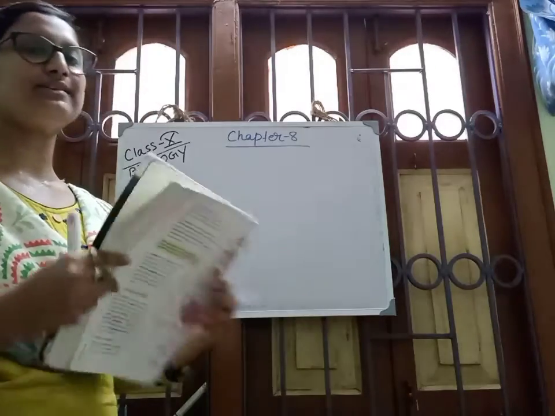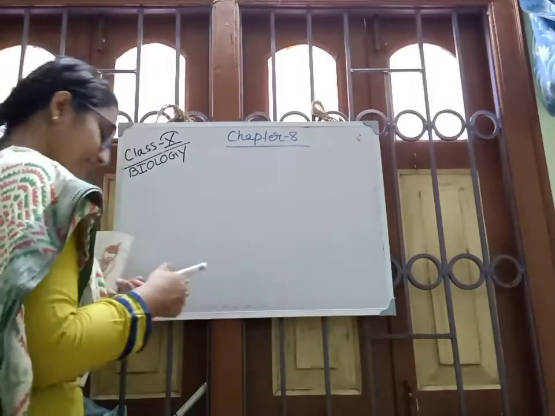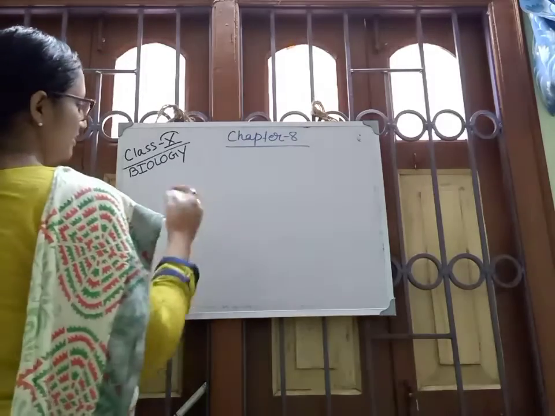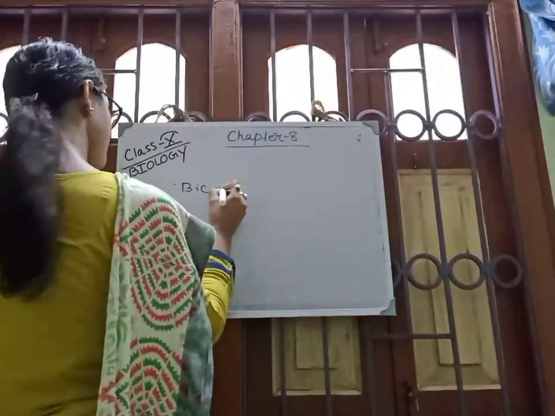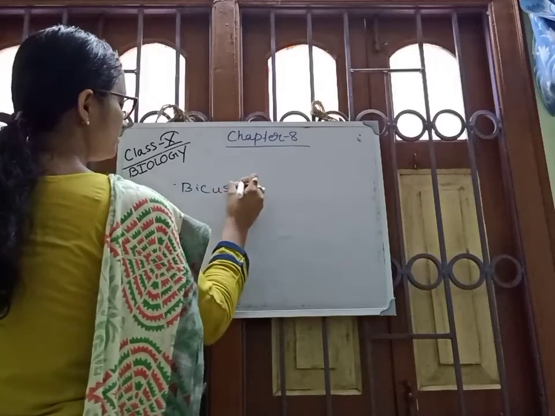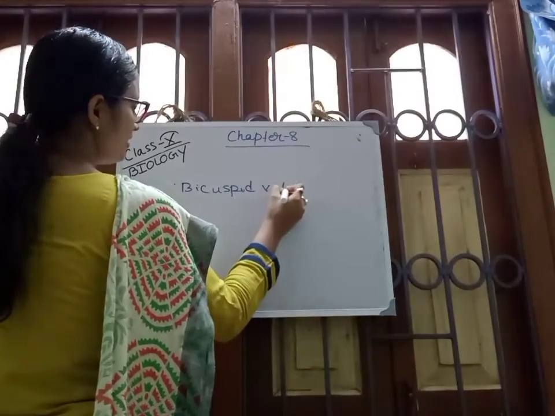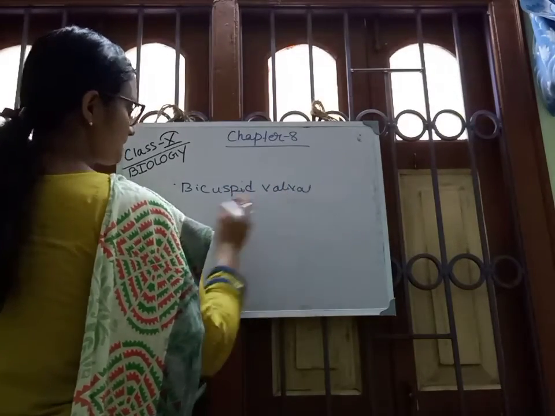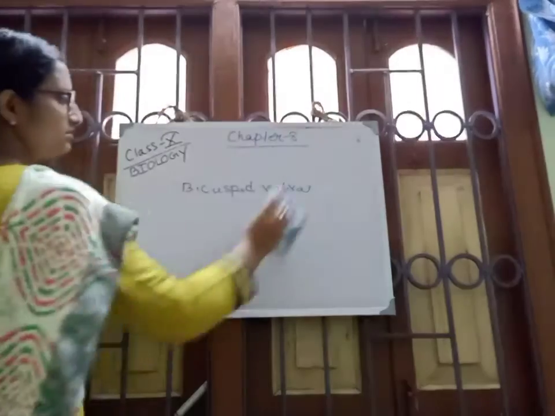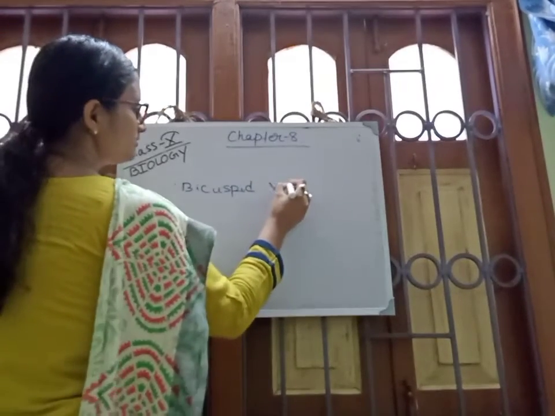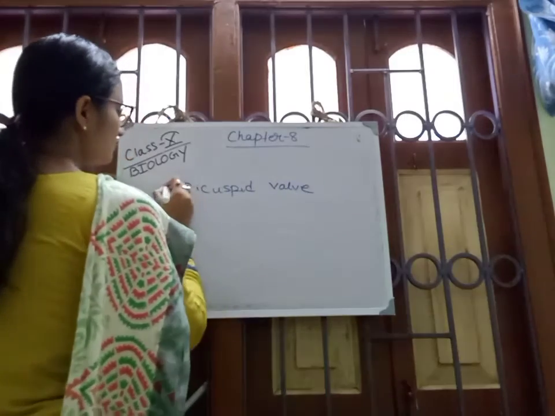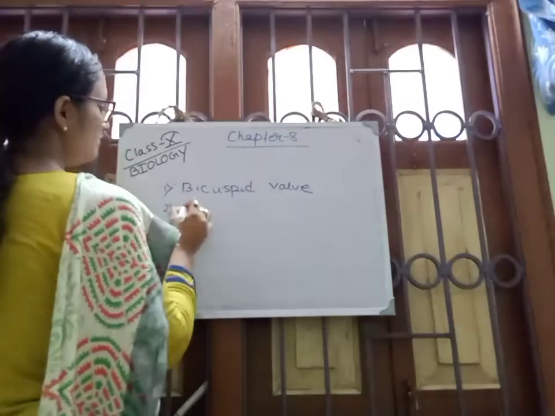The first one is the bicuspid valve, and then the tricuspid valve.